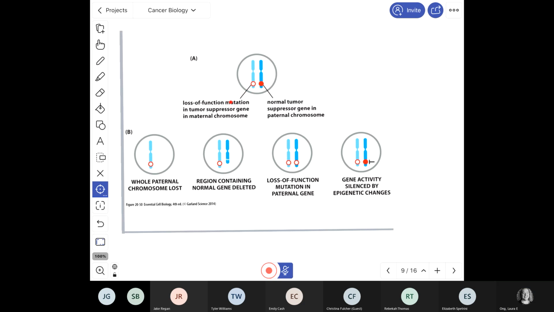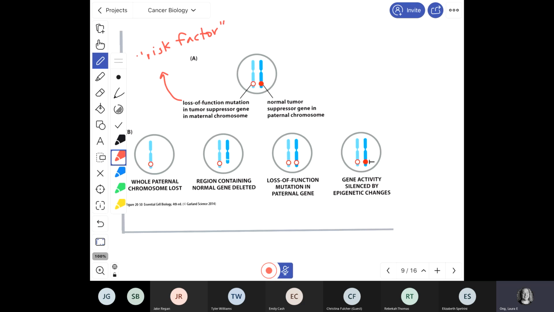And some people are starting out with 1 good copy, 1 bad copy of a tumor suppressor gene. If they get gene sequencing and they find out that they've got a loss of function mutation, we tend to call that a risk factor. It doesn't mean that they have cancer, but they have some kind of mutation that's making them more prone to cancer. So they have a risk factor for cancer.